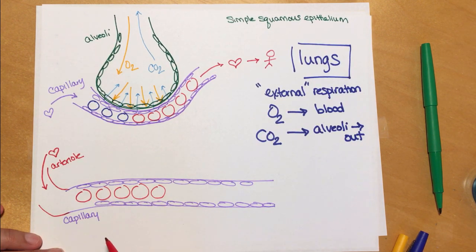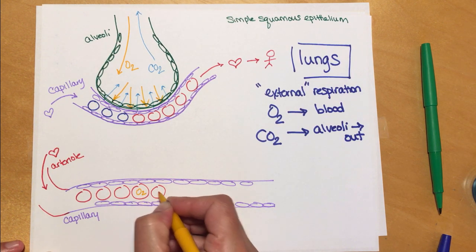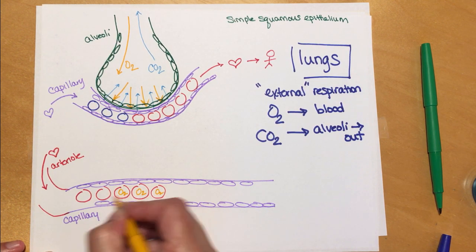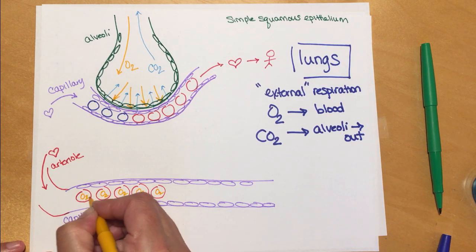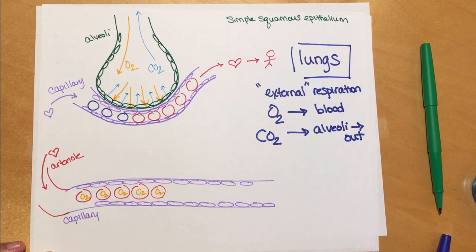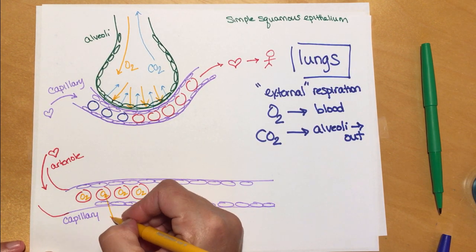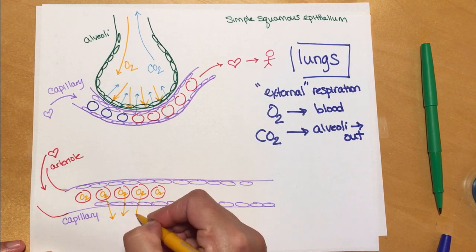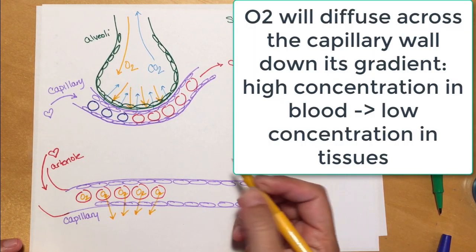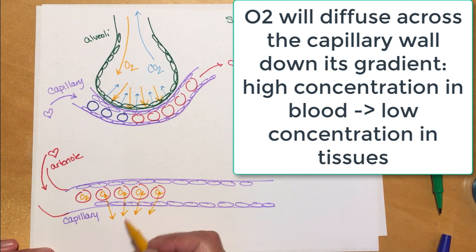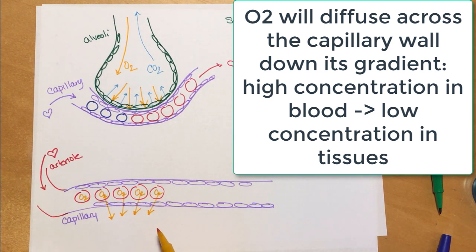These guys have lots of oxygen. So each red blood cell that's carrying oxygen is going to come to the tissues where there's not much oxygen at all, and so this oxygen is going to diffuse out and leave the capillary on the arterial side.